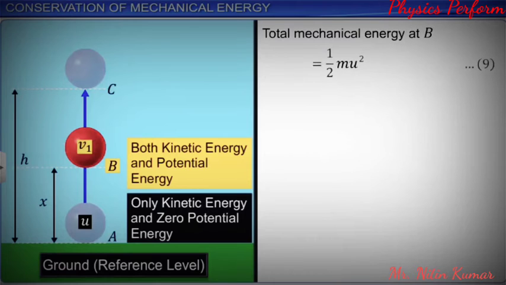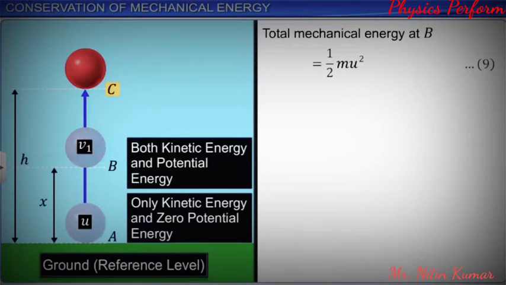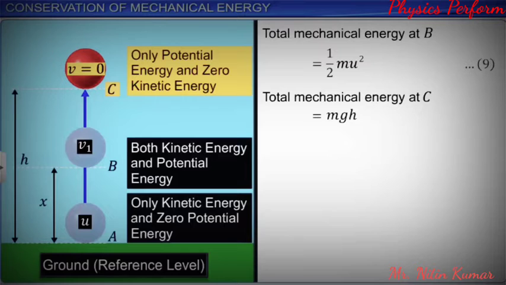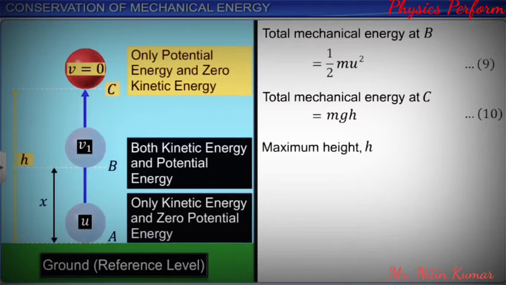When the body reaches point C, that is, the maximum height, it has only potential energy and zero kinetic energy, as the velocity at this point v is 0. Its total mechanical energy at C is denoted by mgh. Let this be equation 10. We learnt earlier that the maximum height h reached is denoted by the expression u square by 2g.